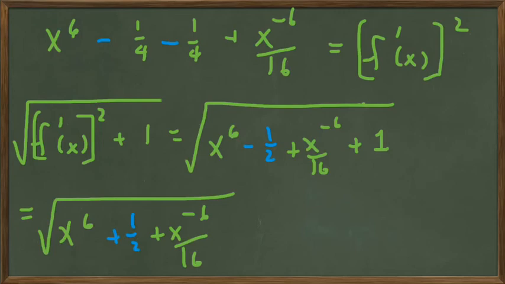So the significance of this is that when we squared f prime of x, we had a minus sign as the middle term, and now we have a plus sign. Let's do a little bit of algebra to illustrate what's going on.